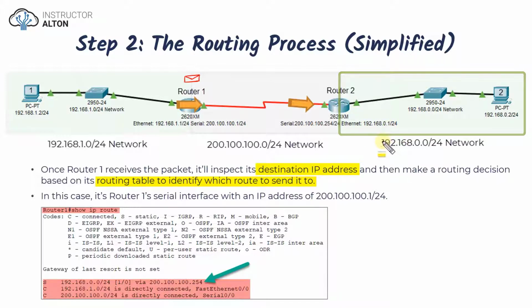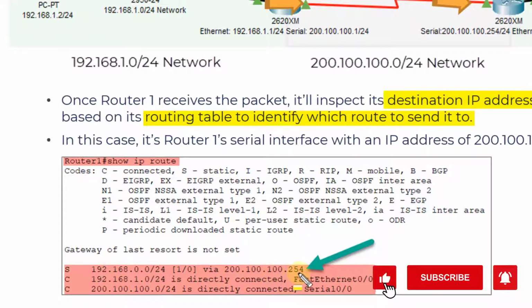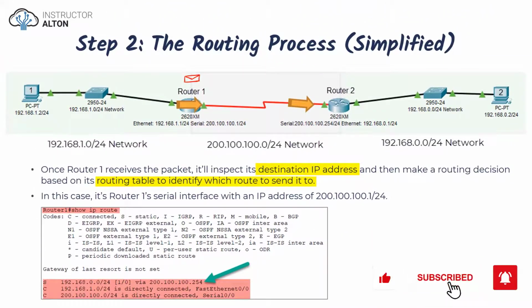Well, if we take a look at the routing table, and I've already put an arrow there, we can see that to get to the 192.168.0.0 network, we have to go through 200.100.100.254. So if we take a look at this diagram, and let me put an arrow, this is where it needs to go right here.